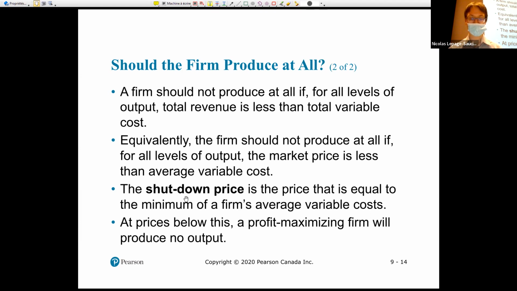Something that I didn't see in the graph there. This is the minimum, or the shutdown price. So that's the critical value at which you say, okay, it's too low, I'm going to shut down, not produce.